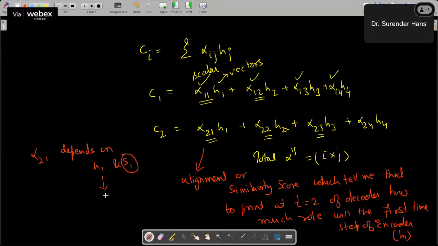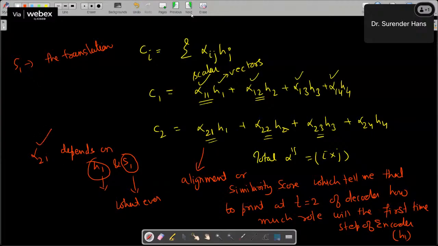What you want to find out through this attention mechanism is, based on the translation that has been done till now, that is S1, up to t equal to 1 time step, to print the output in time step 2, how useful is the first time step of the encoder. This is alpha 21.